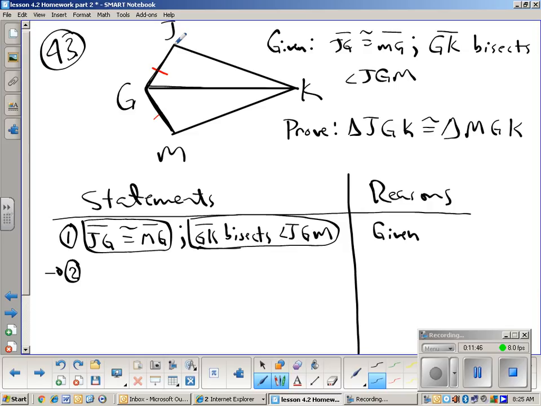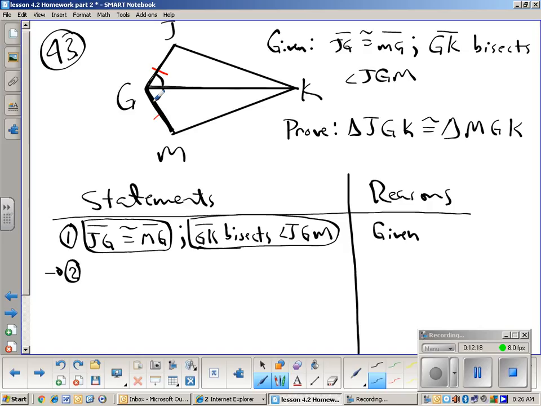If this cut this angle into two equal halves, then what's the next statement? The midpoints are of segments, not of angles. So if it cut this angle into two equal halves, then doesn't that mean this angle and this angle are equal? Right? Those are the two angles it created, right? By cutting it in half.